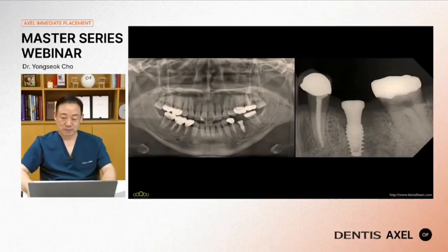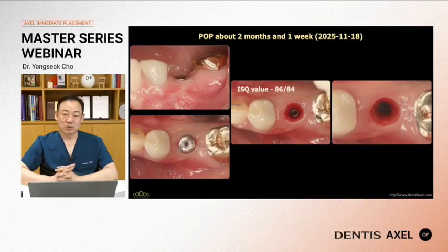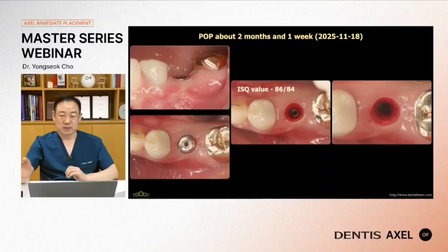Like this. 2 months and 1 week after the operation, look at the increased ISQ value. It increased to 86 and 84 from the 60s. Okay, it's a big change 2 months later.